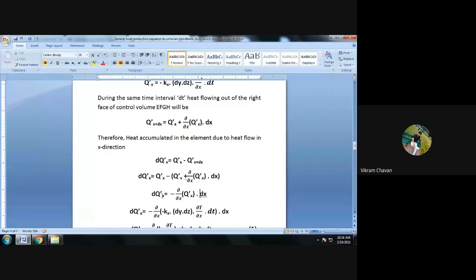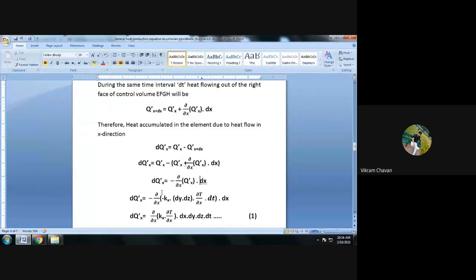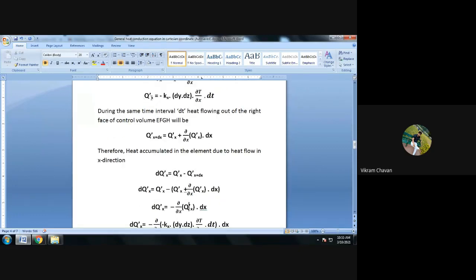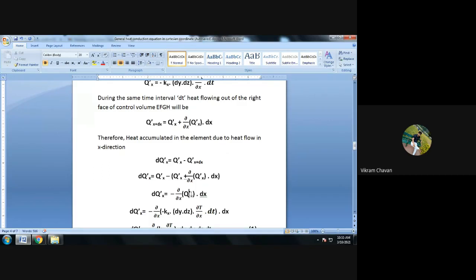Okay, so further, we know the q dash suffix x equation. We are going to put that equation in place of q dash suffix x in this equation.